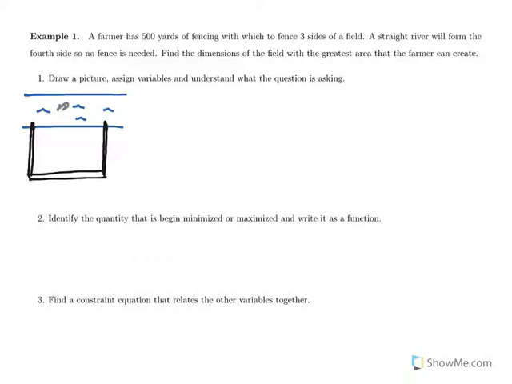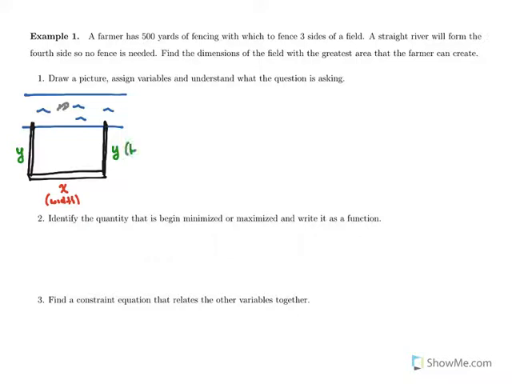So we're trying to find the greatest area of this field. And the dimensions, our variables that are going to be changing here, are going to be the length and width of the fence. So maybe we'll call this variable x. That's going to be the width of the fence, or the length, whatever one you want to say. And we'll call y the sides of the fence.